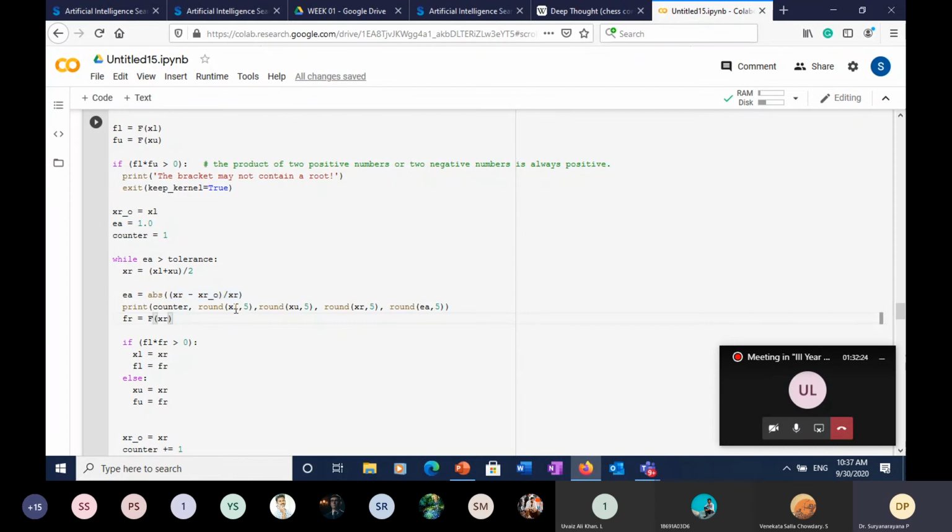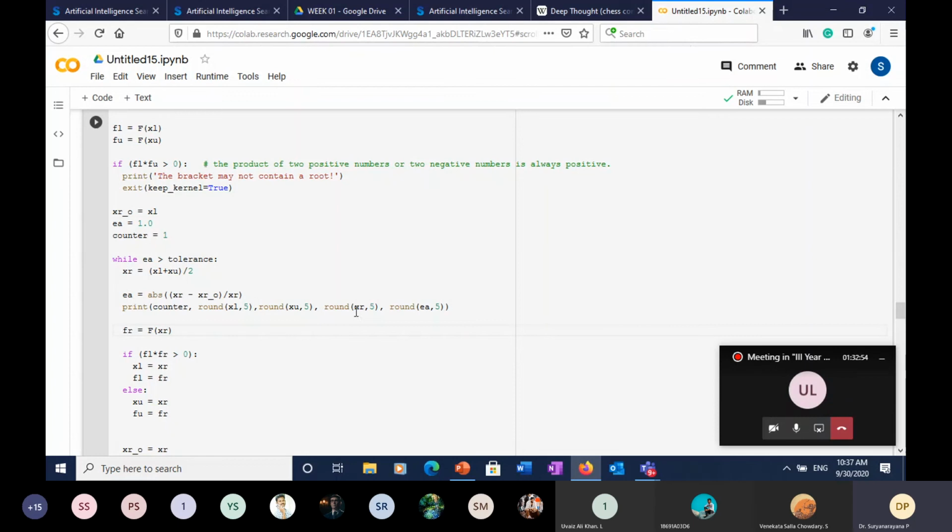And then once you have that, you are printing, for this iteration, the number of iteration, the lower limit of the bracket, the upper limit of the bracket, the new root, and the relative approximate error in the new root. Okay, so this we do, and then based on the new root, now there are two brackets.